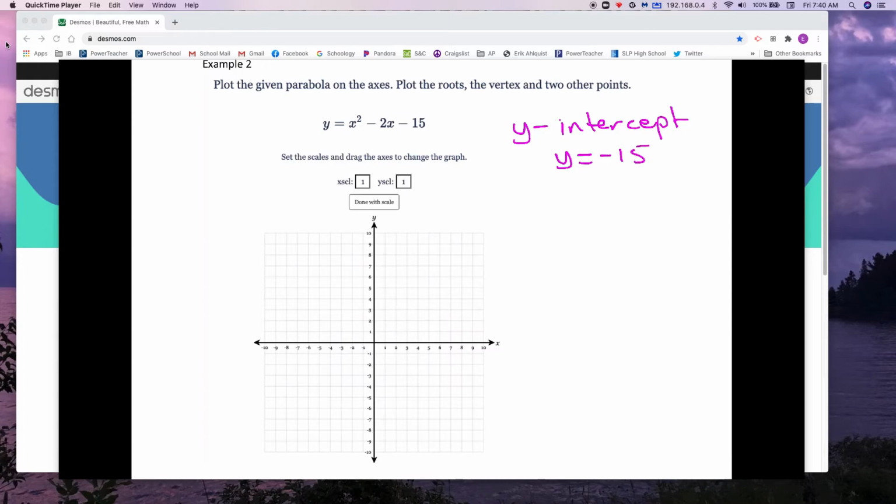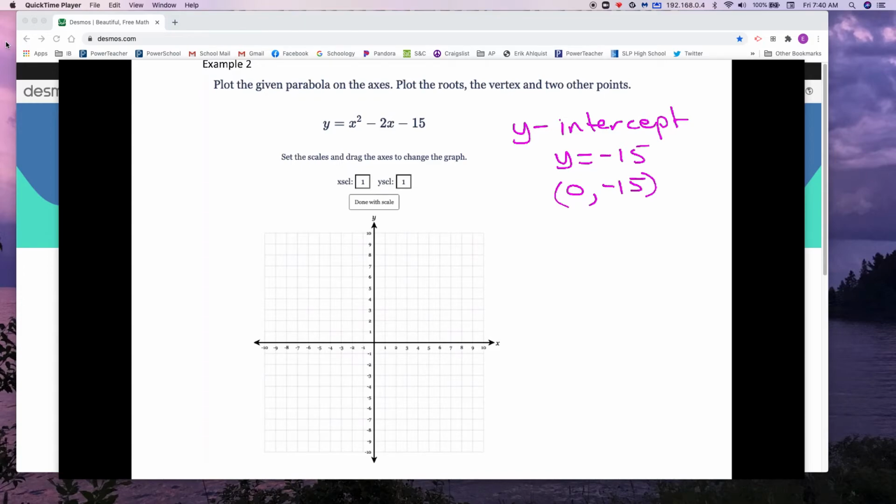That means you got the point 0, -15. Remember that will give you another point, but we have to figure out where this is in relation to itself. So that's the y-intercept.